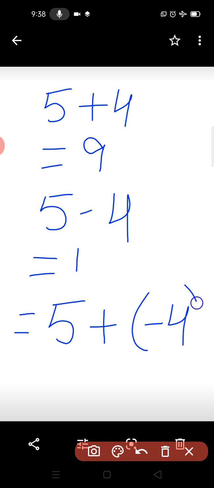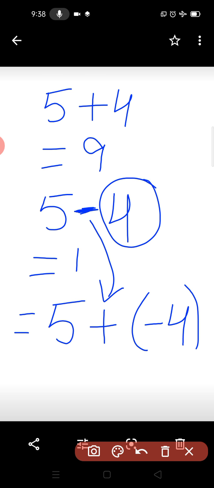Here actually the sign is minus. Minus becomes plus. Actually the number is plus 4, and it becomes minus 4. So here also the answer is 1 only.